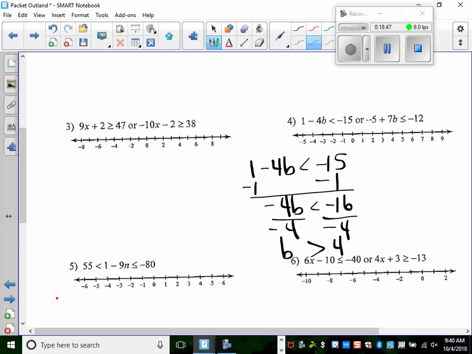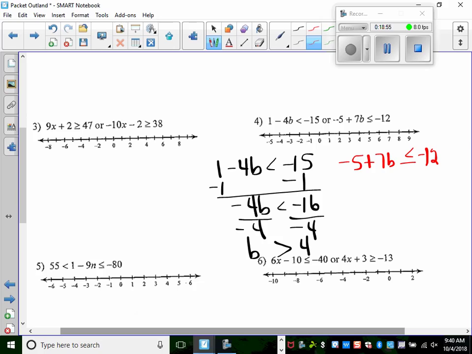Okay, then my OR is -5 plus 7b is less than or equal to -12. Add 5 to both sides. So 7b is less than or equal to -7. Divide by 7. So b is less than or equal to -1.